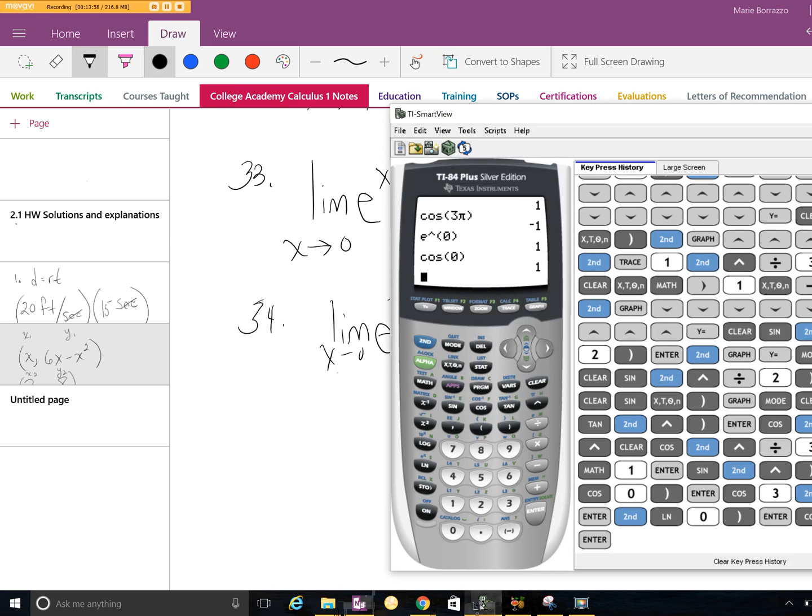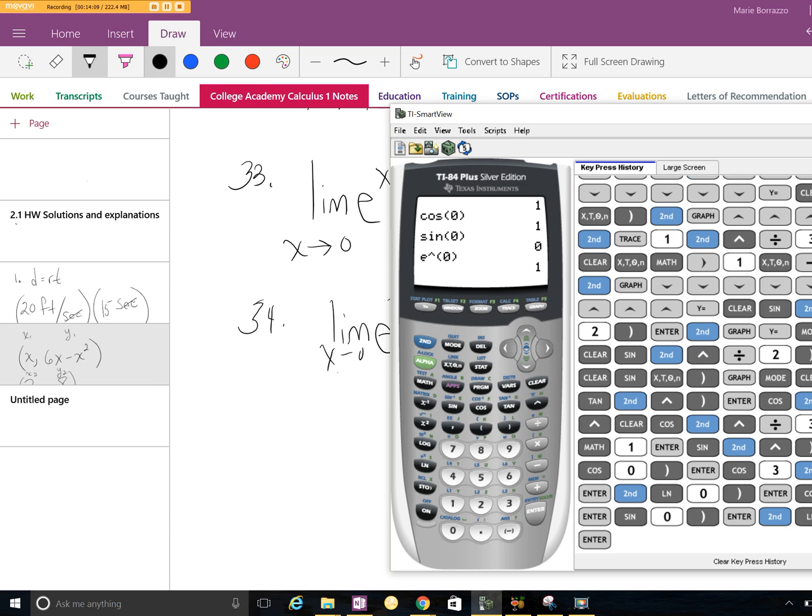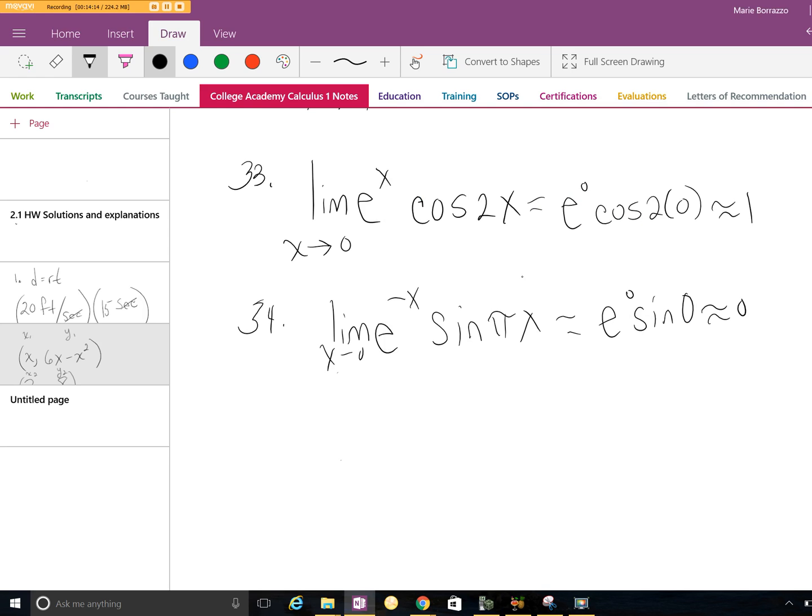Go back to your calculator functions. If you recall, sine of 0 is 0. Even though e to the 0 in this case is 1, 1 times 0 gives us the 0 final answer.